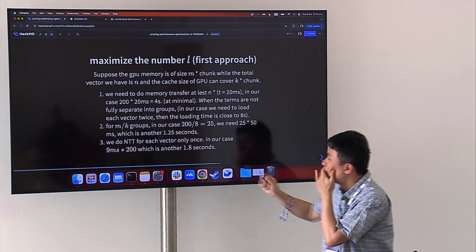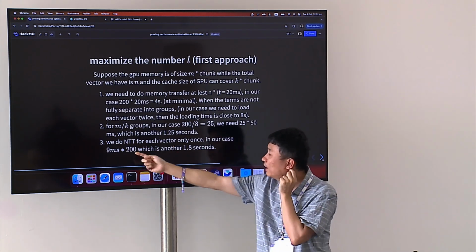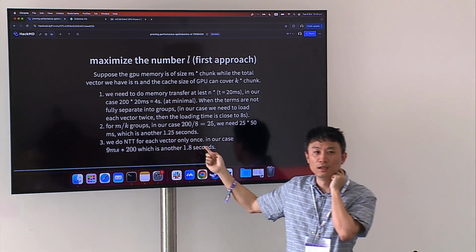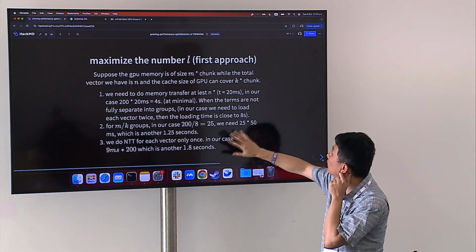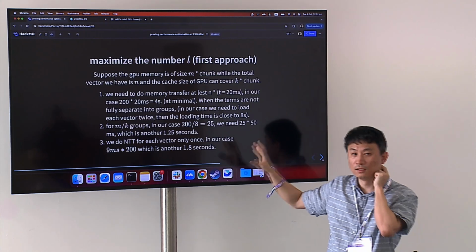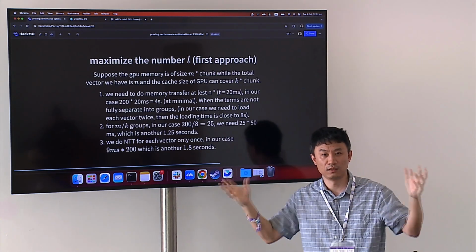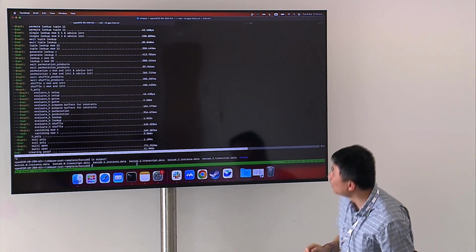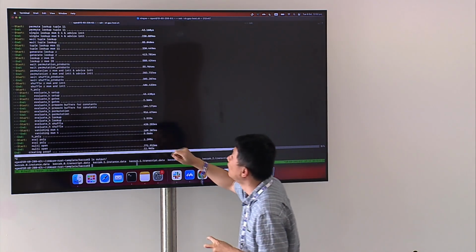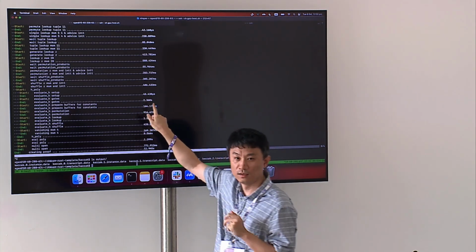And not to mention that we still have the pre-calculation, which is 1.8 here, right? So if you're doing the traditional way, you have at least 10 seconds to do a poly evaluation for just the gate expressions, right? If you look at the number here, the gates should only take 2.3 seconds.